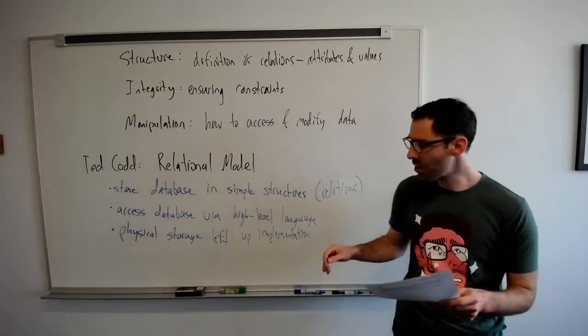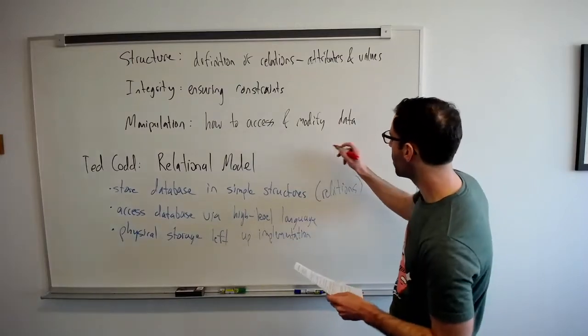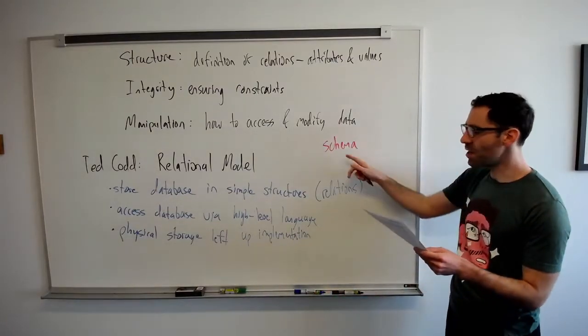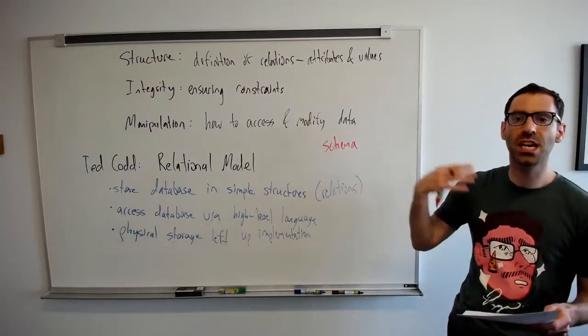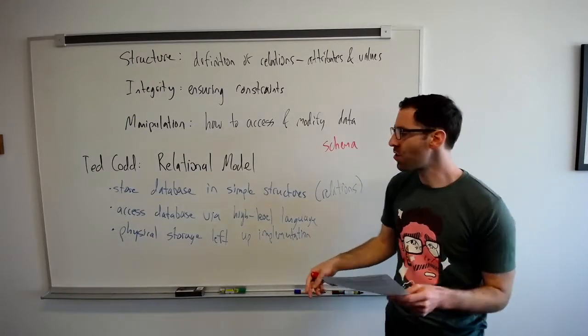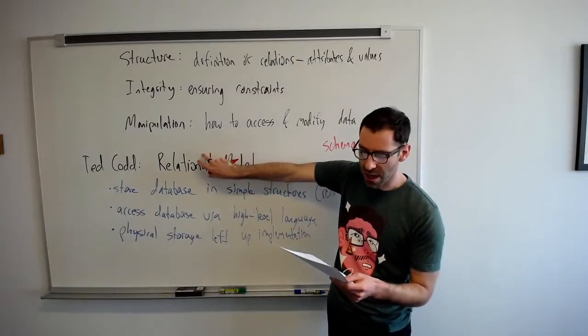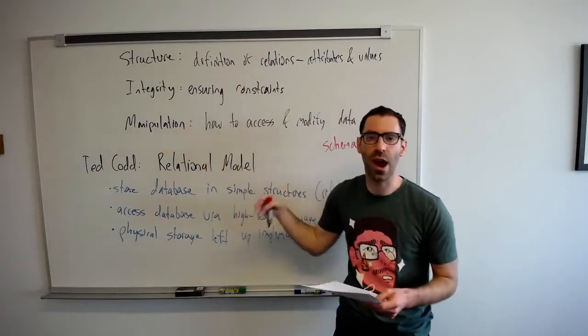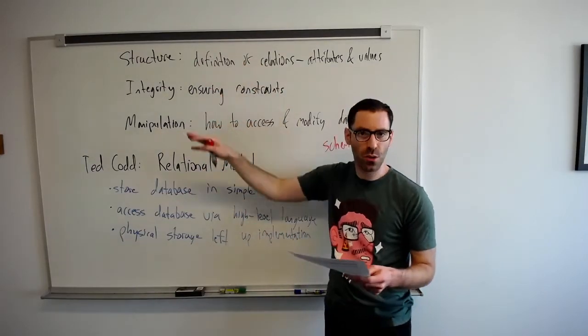One is schema. And schema is the description of a particular collection of data. So our data model is this relational model, which is kind of this collection of concepts for how the database in general is going to work.